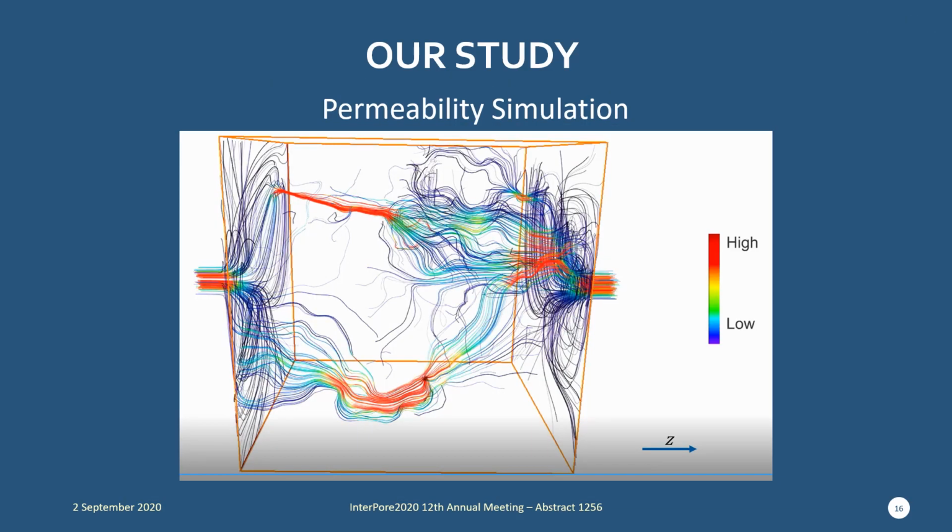For the permeability simulation, we did only one direction because these simulations take a very long time. In these simulations, we were able to get the velocity field of the fluids.